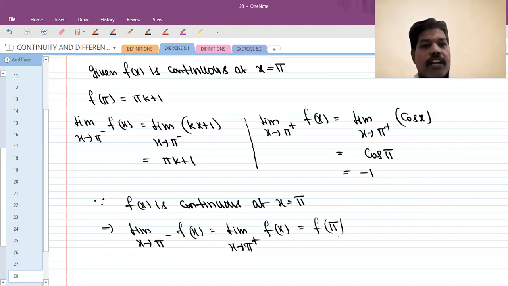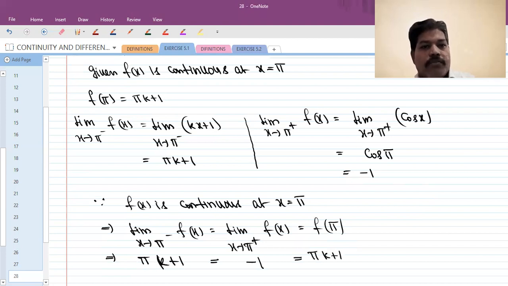So what is the left hand limit, students? The left hand limit is nothing but pi into k plus 1, is equal to the right hand limit, which is minus 1, is equal to f of pi, which is nothing but pi k plus 1.